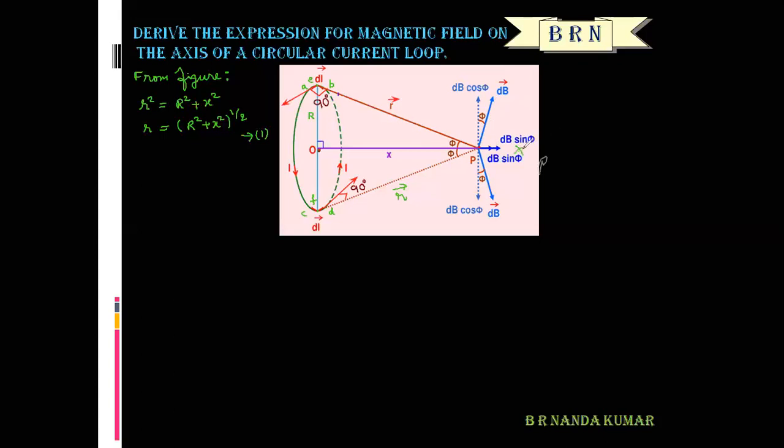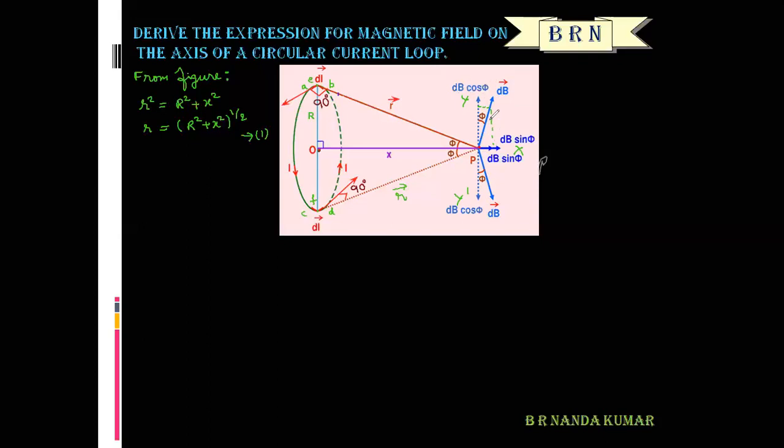This is the x axis, this is y, and this one is y dash. So this is angle phi. Let us consider an imaginary rectangle. This is the perpendicular, this is the hypotenuse, and this one is the base. The base component is dB cos phi.